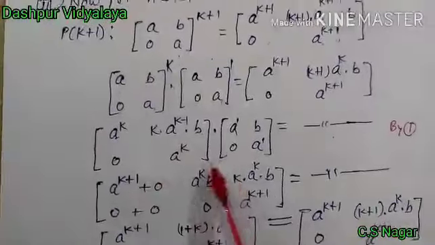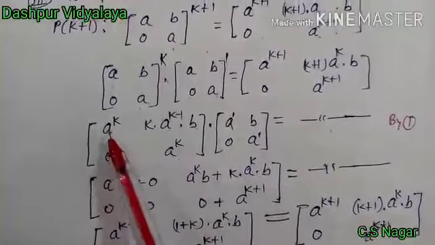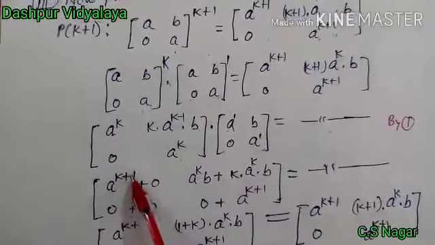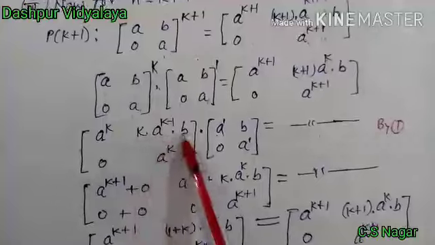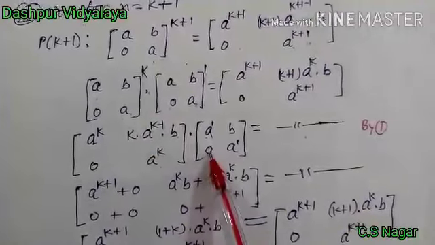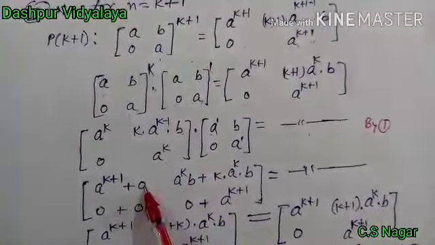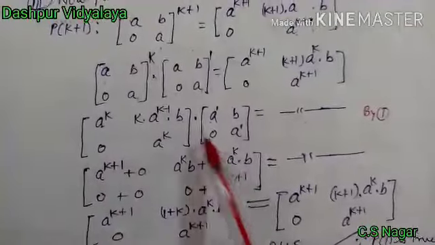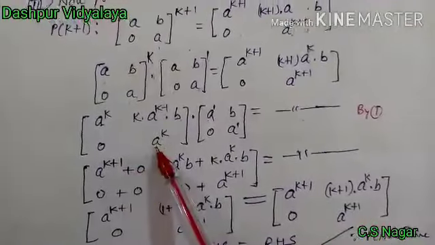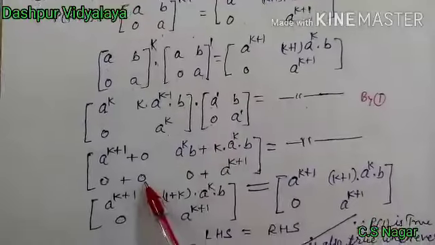Now find the product of these two matrices. First row, first column: a^k into a, it means a^(k+1), plus this element multiplied by this, so it will be 0. Now second row, first column: 0 into a is 0, and a^k into 0 is again 0.